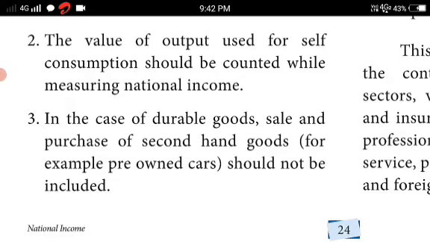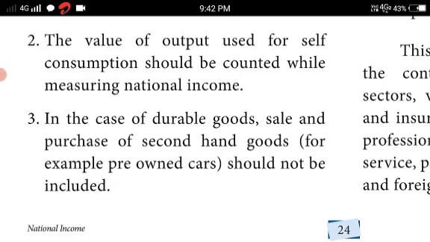And in the case of durable goods, sale and purchase of second hand goods should not be included here. Suppose we are selling our two-wheeler or four-wheeler, or buying second hand products. These do not come under the product method.